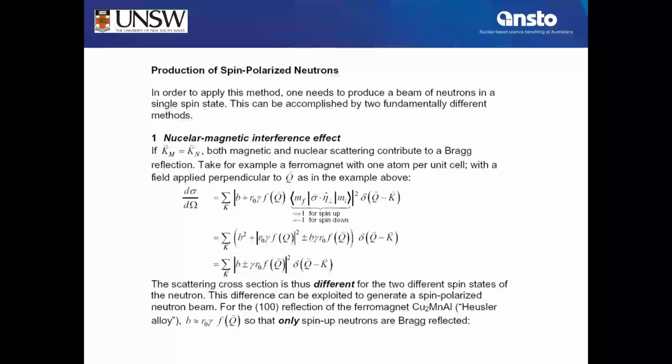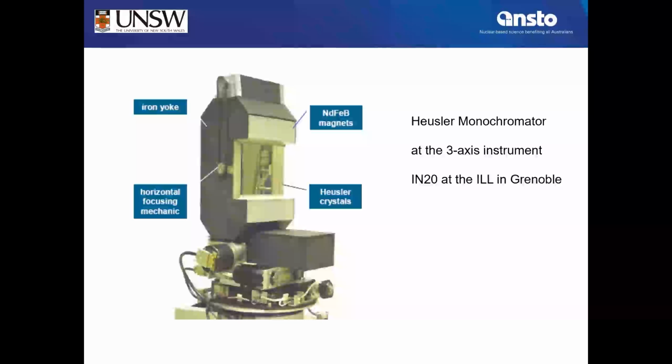So in simple words, you use a ferromagnet, and for the 100 reflection, the signal is spin polarized in one direction only. So that's the trick. You use a ferromagnet, you use the 100 reflection, and your Bragg peak is spin polarized because of the ferromagnetic monochromator.